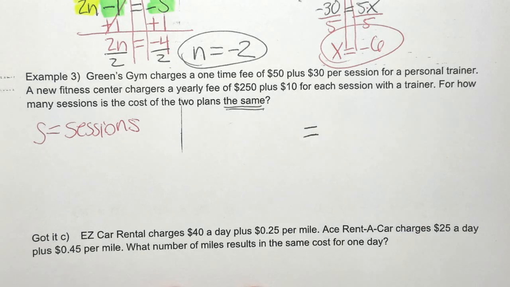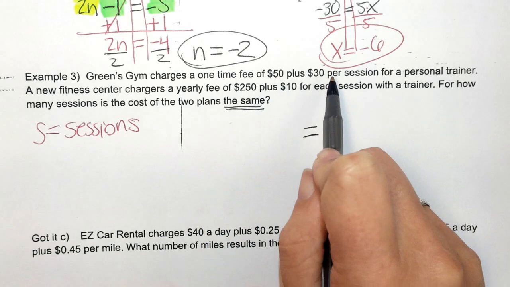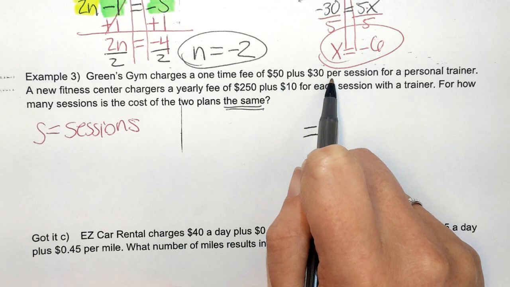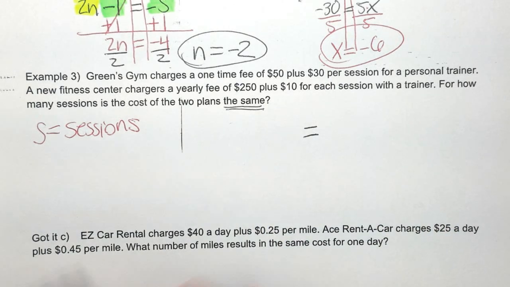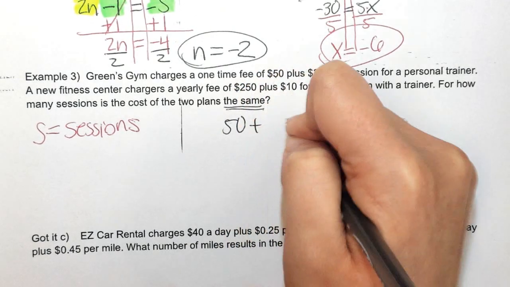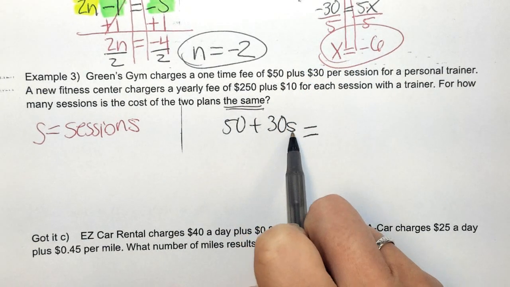I'm not asking you to solve. I'm asking how do I write that from words into letters and variables and symbols. Okay. Is this 50S? Is this 30S? Oh, yes. Okay, so tell me how to write it. 50 plus 30S. Exactly. $50 plus $30 per session.